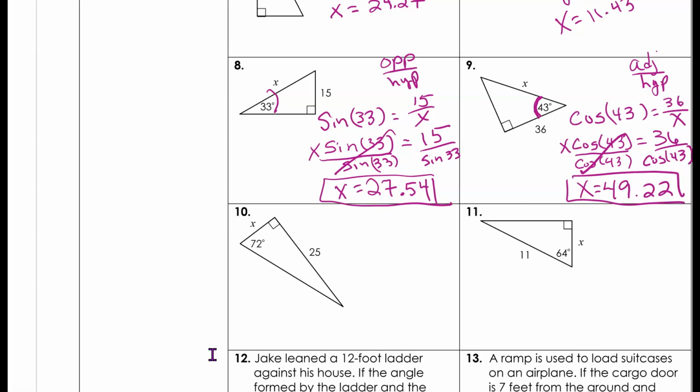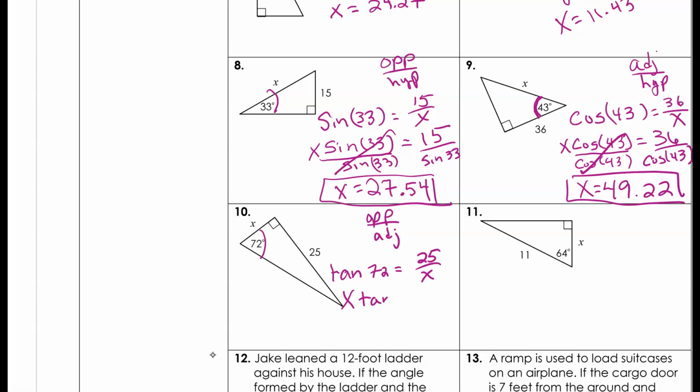All right, I'm going to stop going back and forth. I'm just going to now set the scenario. So here, I'm given the angle 72 degrees. I'm given adjacent, opposite over adjacent. So I'm dealing with the tangent of 72 degrees is equal to 25 over x.